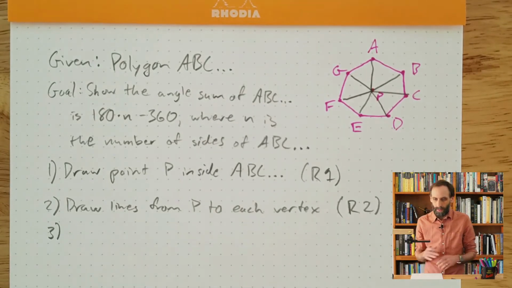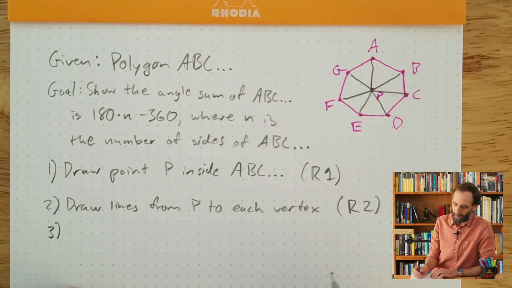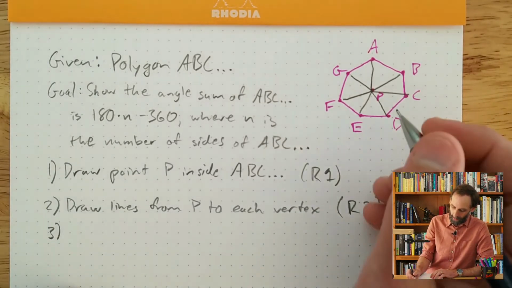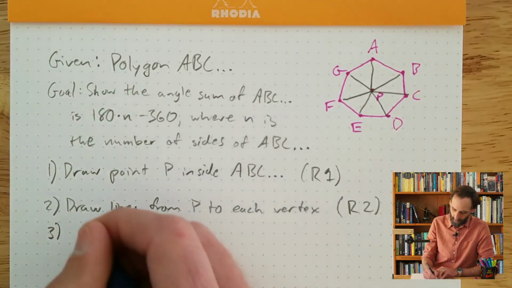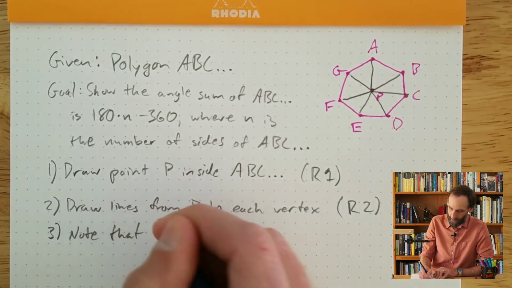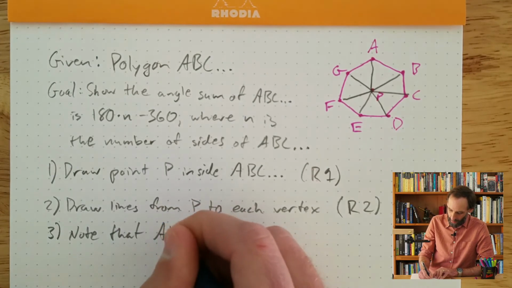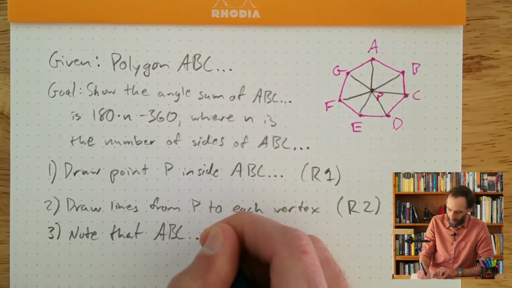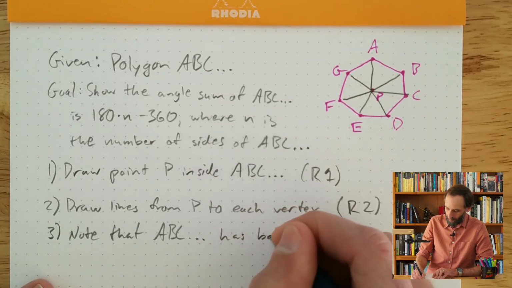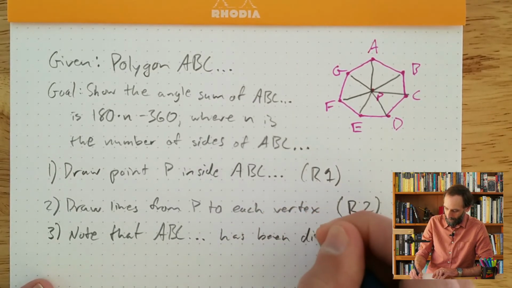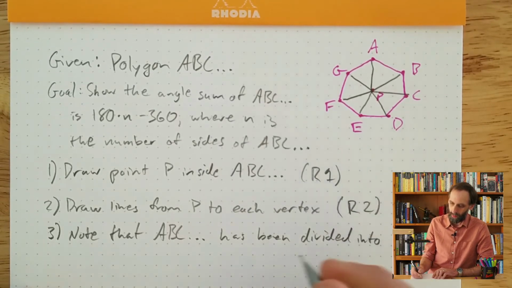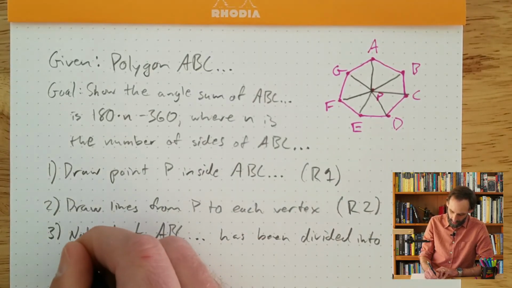Okay, what next? Well, we just need to recognize what we have here, right? So I'll put this. So note that our polygon ABC dot dot dot has been divided into n triangles.